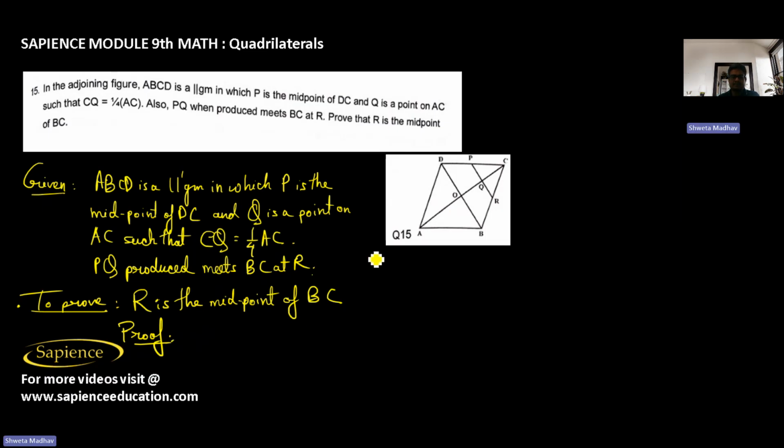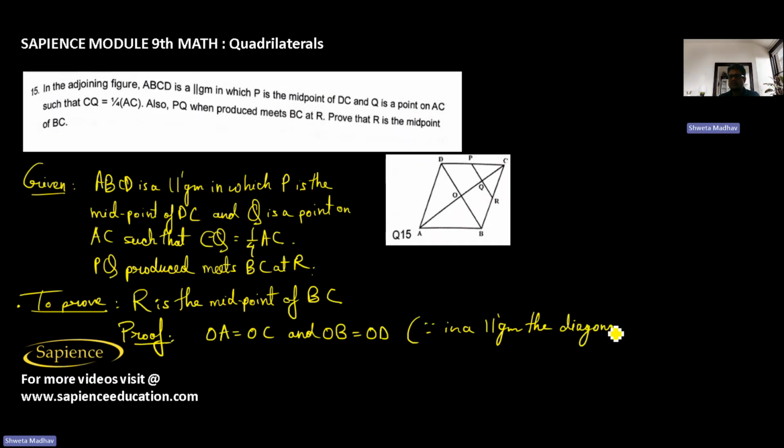So how to prove it? We can see that OA equals OC and OB equals OD. Since why? Since in a parallelogram the diagonals bisect each other.